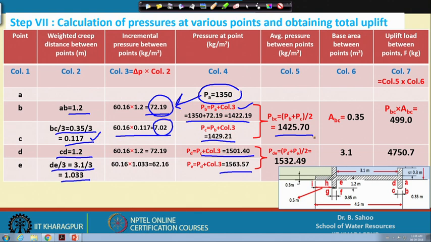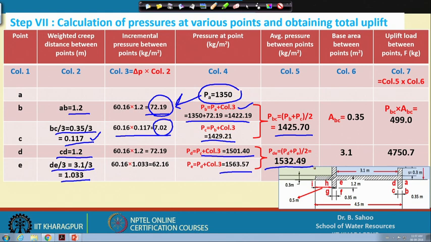Because B C is a horizontal distance, even though the point pressure changes at B and C, the pressure will act uniformly along this horizontal line. So, that is why we can take the average pressure, which equals 1425.70. Similarly, P D E equals 1532.49.